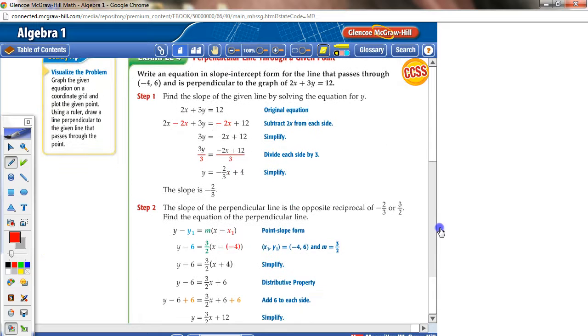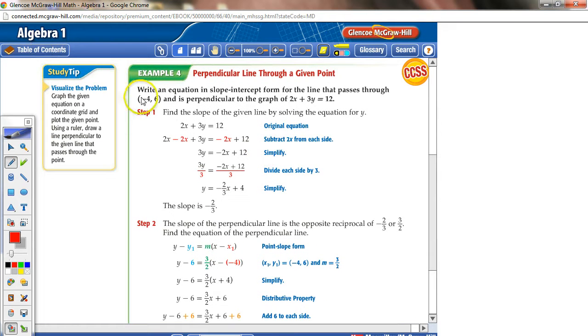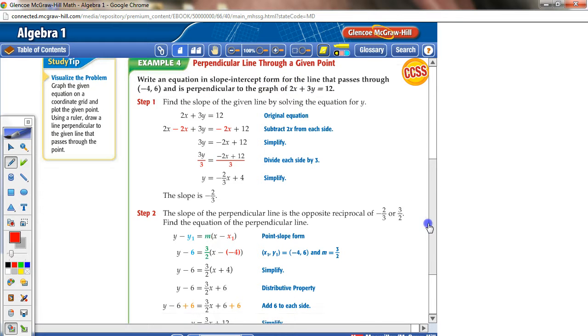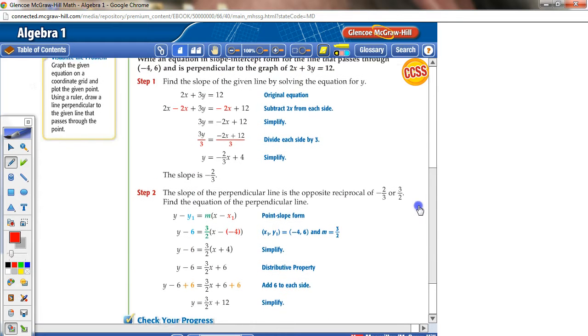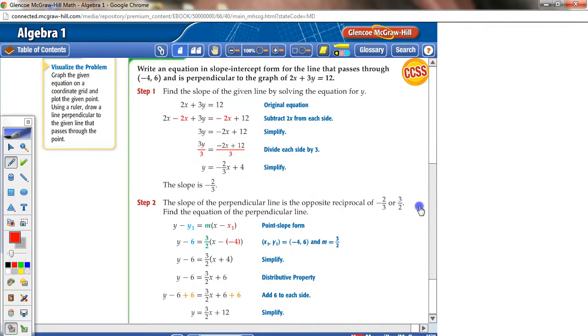Alright, so if you have a point and they're giving you a graph or equation and they're asking you to find a perpendicular equation, this takes a few more steps. Alright, let's freeze that right there.